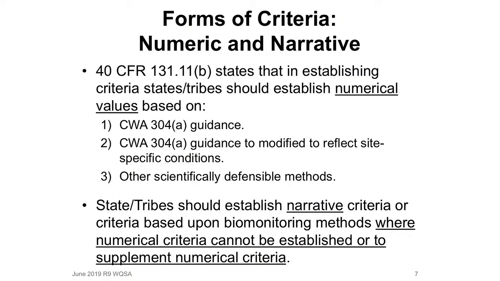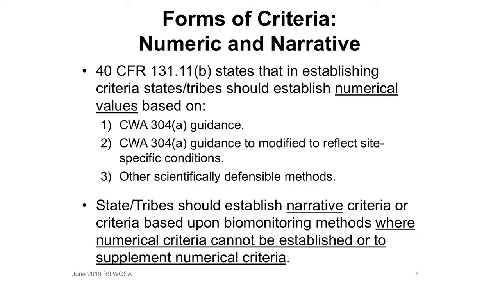Criteria can take two forms. There's numeric, numbers, and there's narrative, statements about protecting water quality. If you look at 40 CFR 131.11, it says that states establishing criteria should establish numerical criteria based on guidance, what we call our 304(a) guidance.